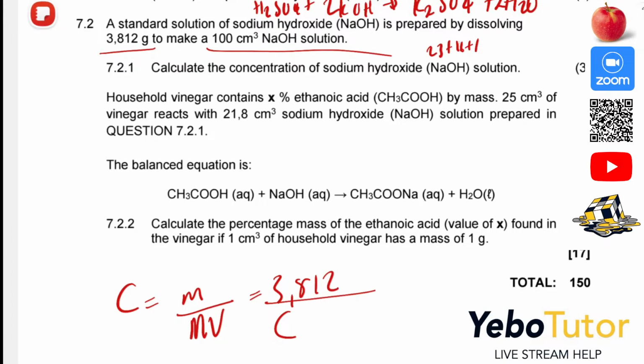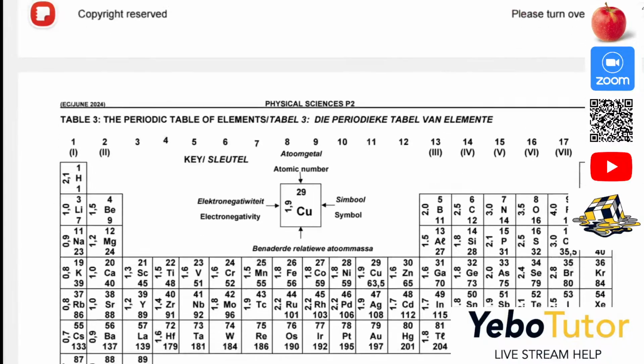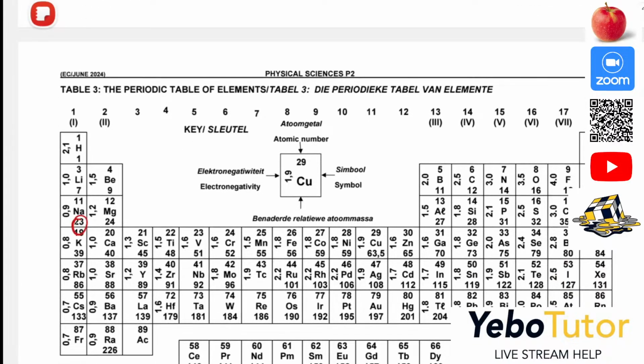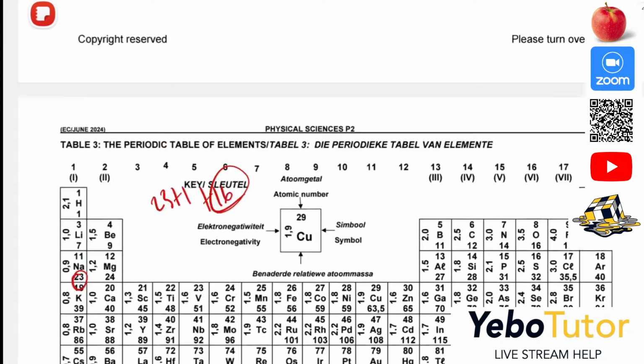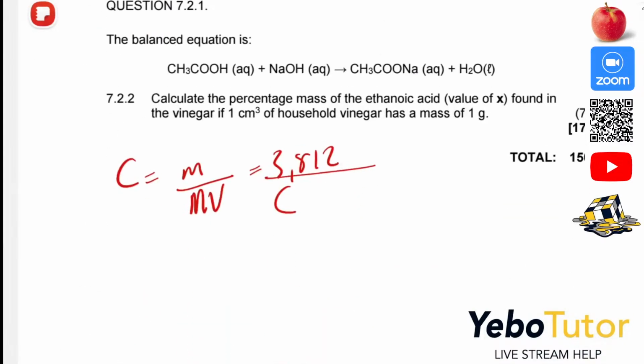Is it 23 or 24? Not sure anymore, but let's check it on our periodic table. Yes, Na is 23, so it's 23 plus 1 plus 16 for the O. Then that will give us 40. So that's correct. So 40 multiplied by the volume. Our volume is given as 100 centimeter cube, so in order to get this, we need to change that to decimeter cube.